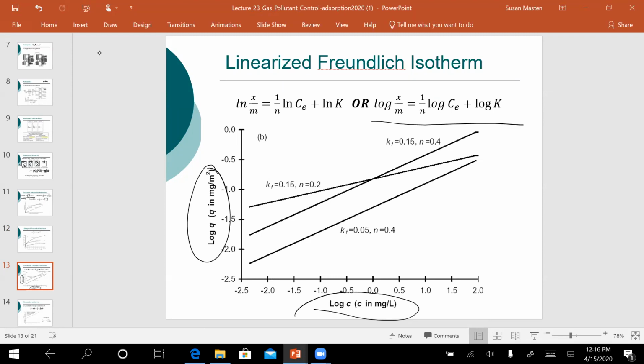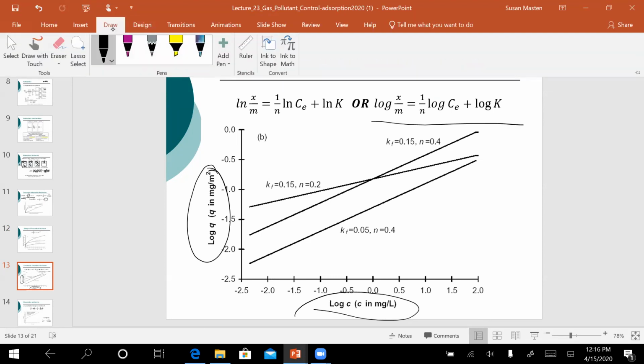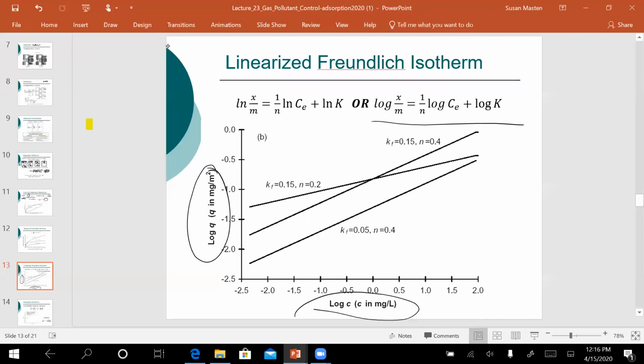And what we can do then is tell which is the better or more effective sorbent. So for instance, if we need to achieve a log C of, say, log 1, this carbon is our optimal carbon.